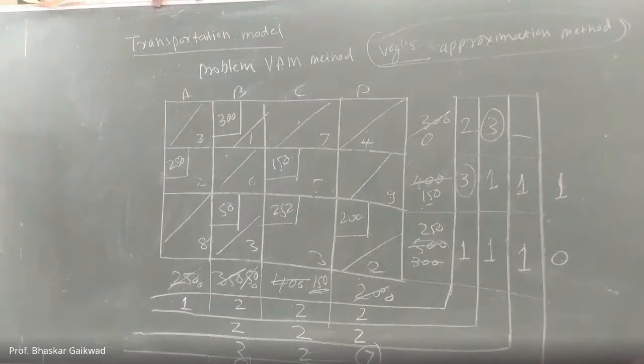Unit price, whatever is given in the bracket, that is the unit price, means for one unit it is given. For 300 how much, like this way. Okay, anybody having any doubt, you can ask. Transportation models 3.